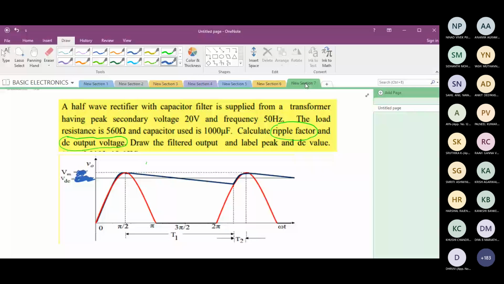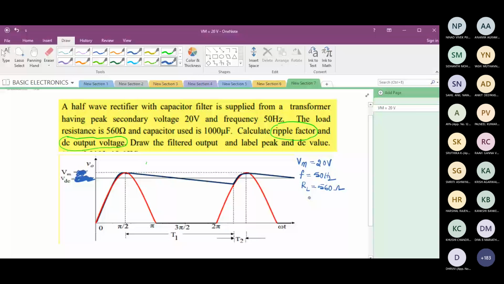VM is 20 volts. Frequency is given as 50 hertz. The load resistance is given as 560 ohms. Capacitor value is given as 1000 microfarads. You are supposed to find the ripple factor.